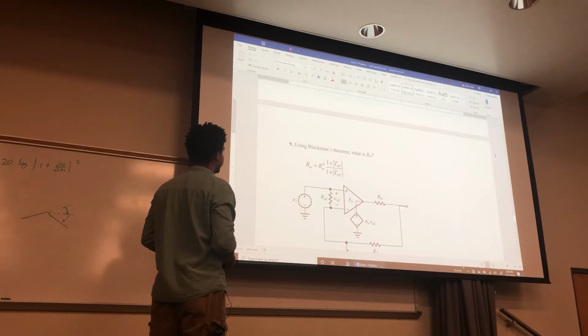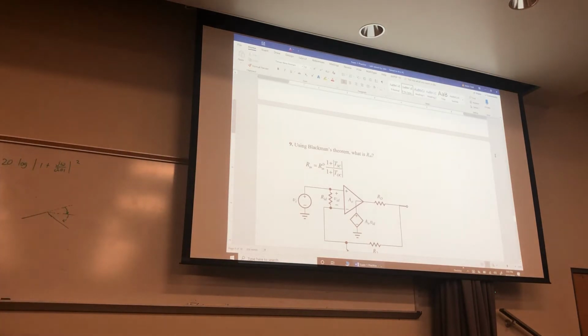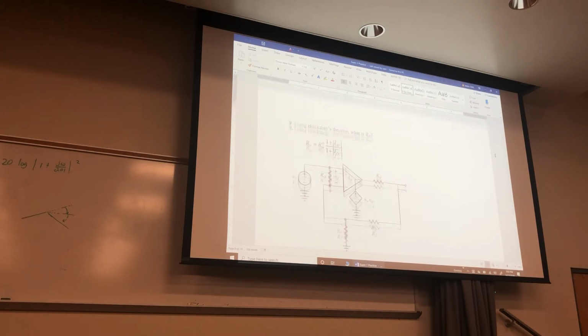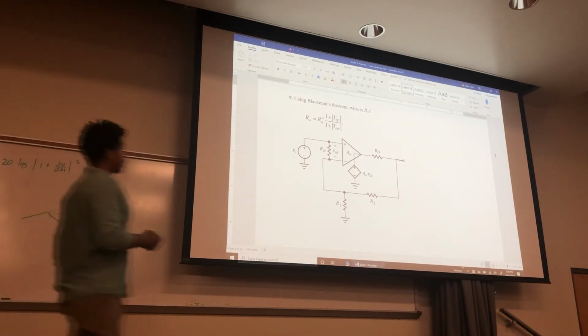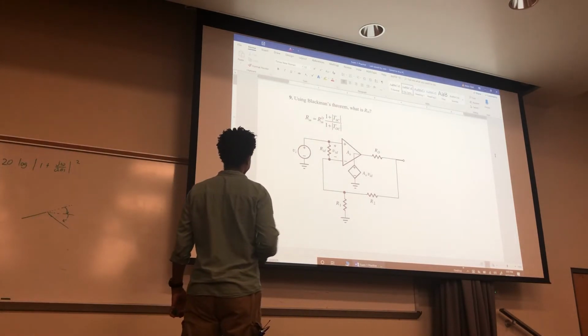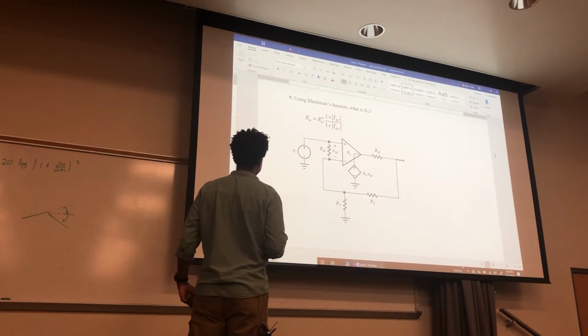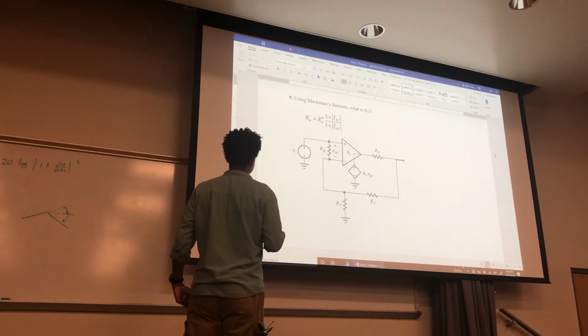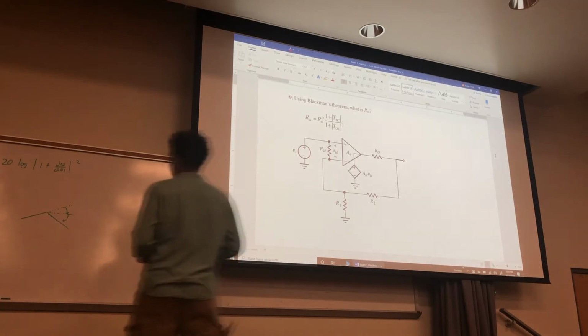Okay. Number 9. So this one says, using Blackman's theorem, what is Rn? Rn is right here. So what we're going to do is replace this input with the switch and do our Rn from right there.